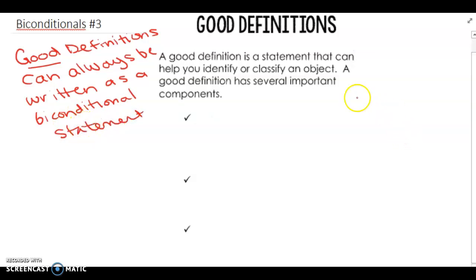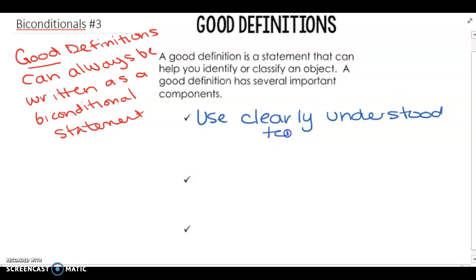Okay, so now what constitutes a good definition? Well, first, we have to use clearly understood terms. Okay, so we're not using vague terms here. We're using very exact, clearly understood terms. Leave nothing for the imagination.